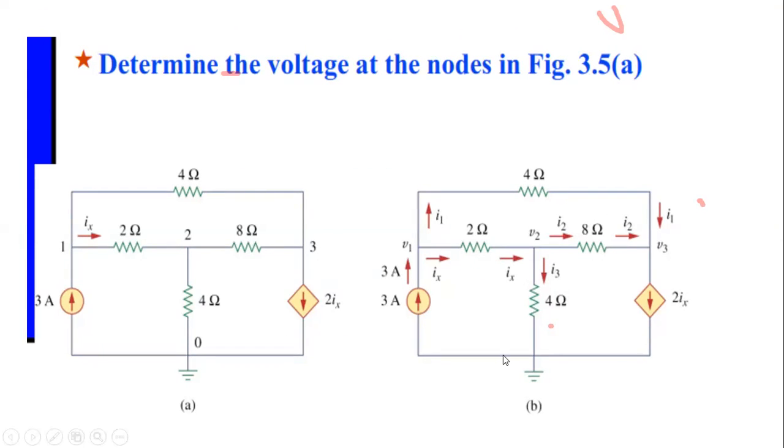This current source is there, and its current is Ix. Ix is flowing here. Okay, so they have already mentioned that current flowing in 2 ohm resistor is Ix, and the dependent source is dependent on that current. Moreover, current Ix is flowing from 1 to 2, means V1 is higher potential, V2 is lower potential. Okay, it means it is flowing from V1 to V2.